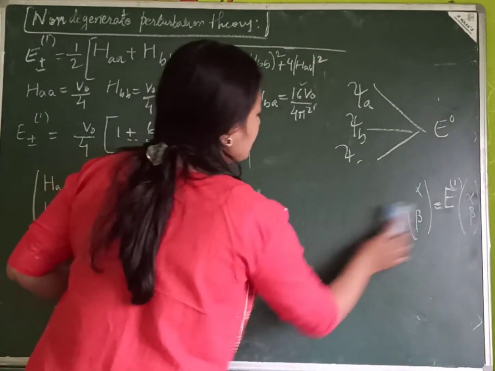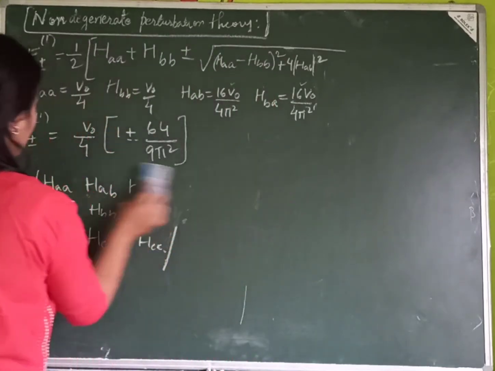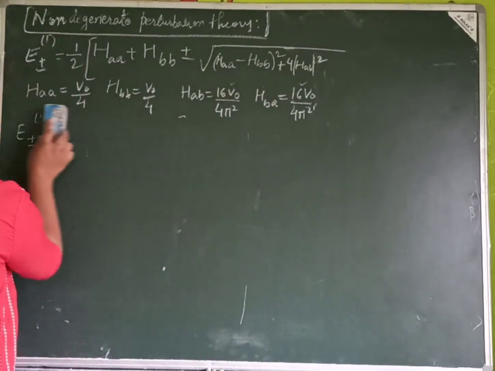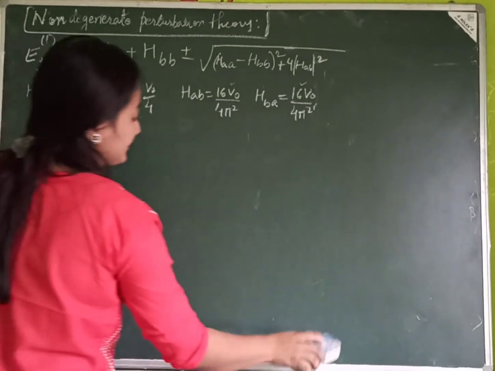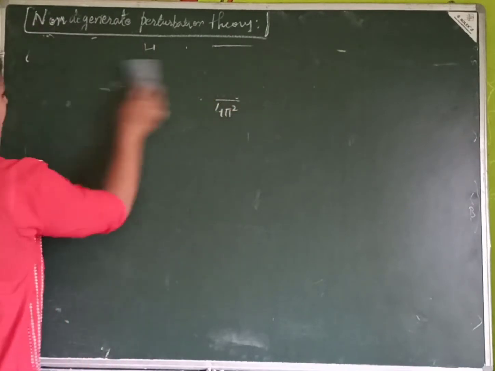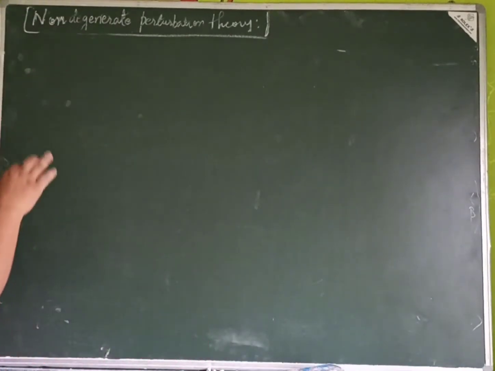To make it easier to understand, let me do one more example. Instead of the 2D infinite square well, I have a 3-dimensional infinite square well.